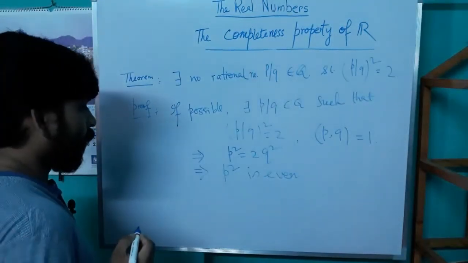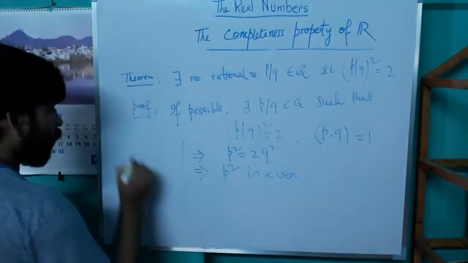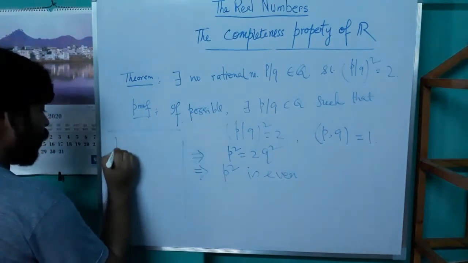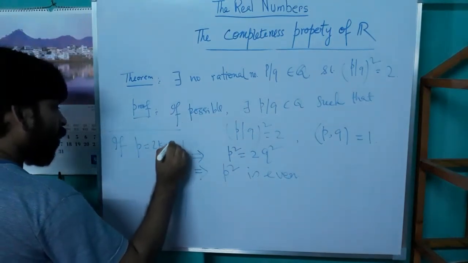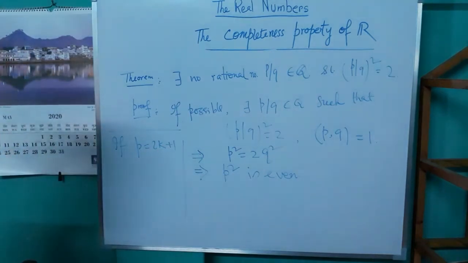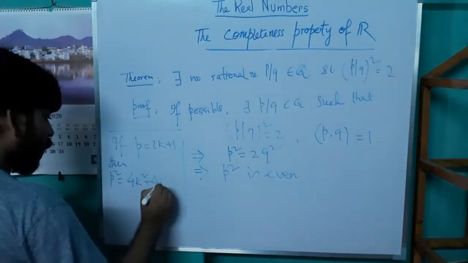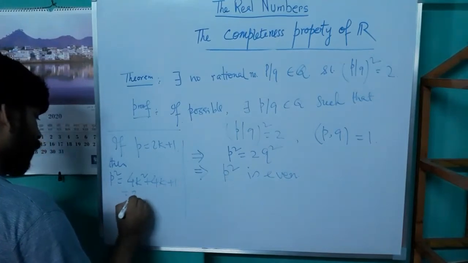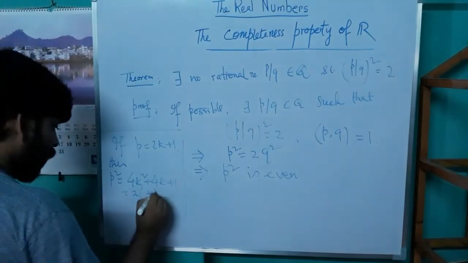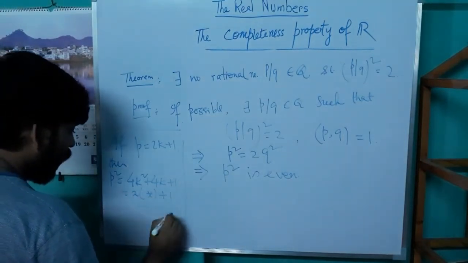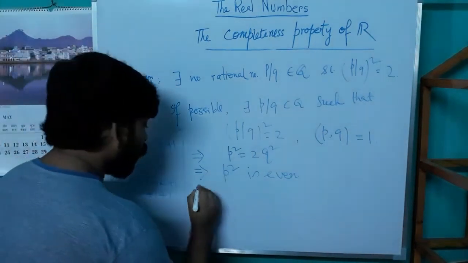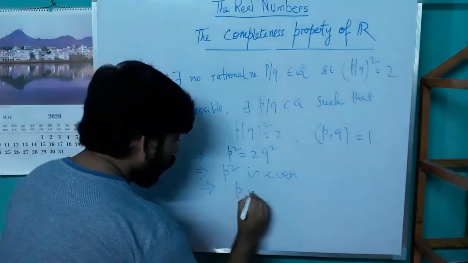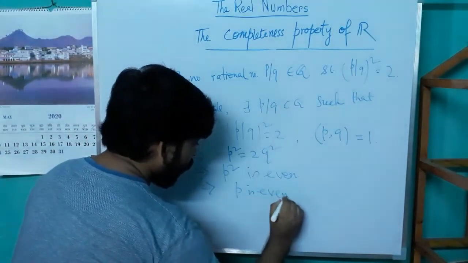Now, if P is an odd number, then its square is again an odd number. Since P square is even, P is even.